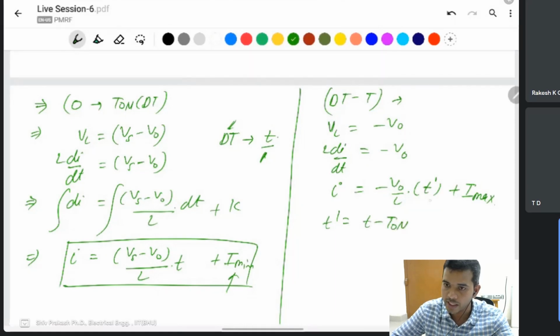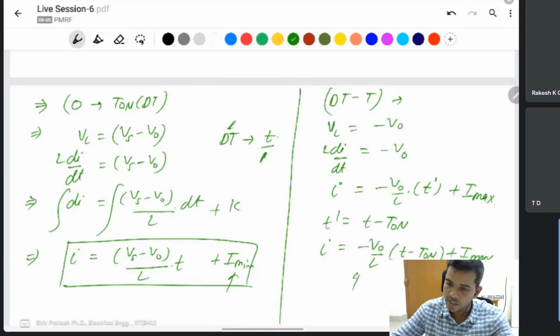The t dash starts from T on, after T on. That's why you take t dash, then you find V naught by L into t minus T on. This is the final expression. Maximum, this one is minus, it means it is decreasing linearly.